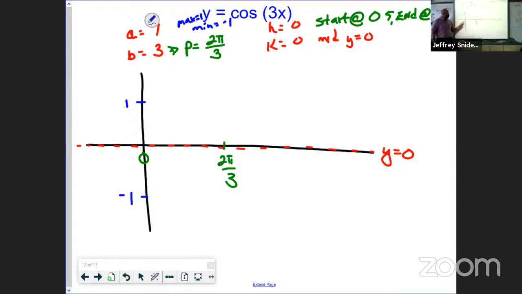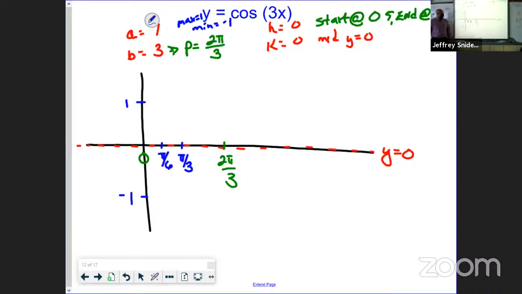So what is going to be halfway between 0 and 2 pi over 3? Pi over 3. Boom. Okay? It's just take this times 1/2. That's all I had to do. Now I take this and multiply it by 1/2 to find what's halfway between here, which is pi over 6.